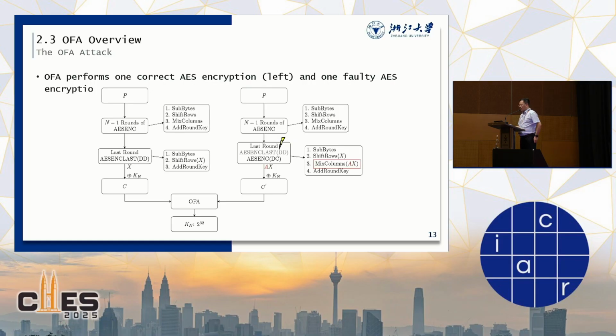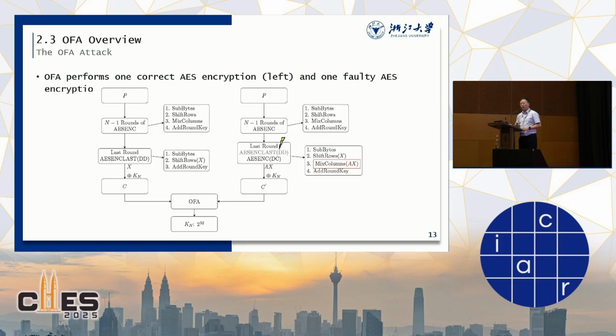So here is a high-level overview of the attack targeted on AES-128. One performs the correct encryption, and the other executes a faulty AES encryption. And this is a diagram.